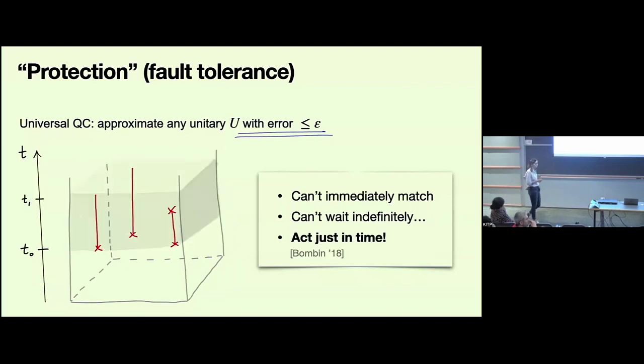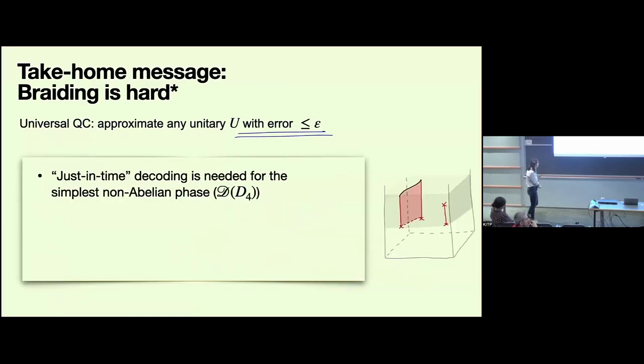But what I can use is a strategy where the effect of my noise remains confined in a space-time ball. That works. And that has an important implication for other types of topological quantum computation with non-abelian phases. We saw that for this topological order, we needed to do this dynamical adaptive decoding as we went in order to make things work.